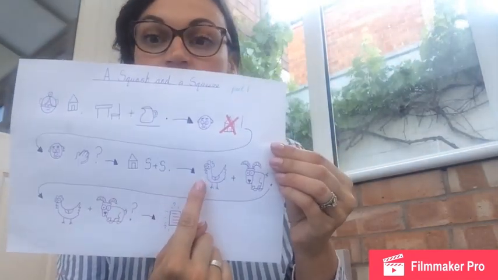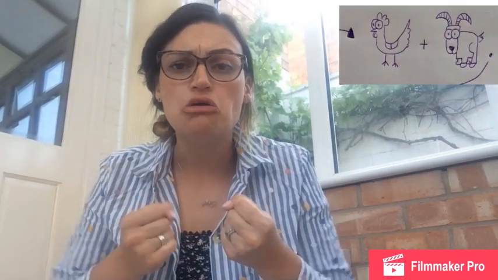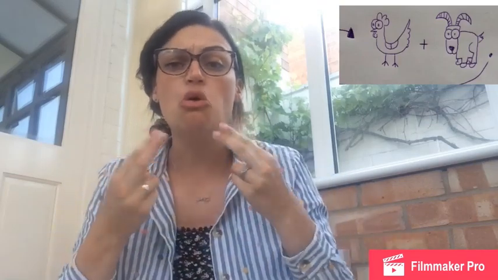Well done. Right, let's hear what he says we should do for our next sentence. Are you ready? This is my old wise man voice, should I say. Take in your hen and your goat. Can you do a very posh, wise old man voice?